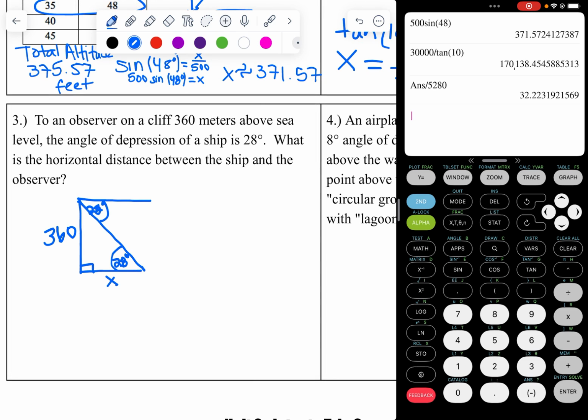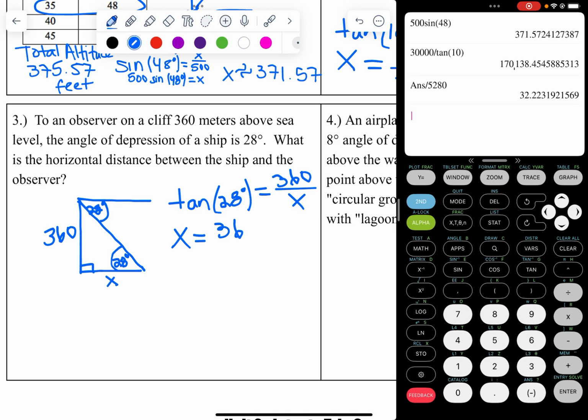So we could do tangent again since we have opposite and we're looking for adjacent. So the tangent of 28 degrees has to equal 360 divided by x. So again, we'd multiply by x and then divide by the tangent.